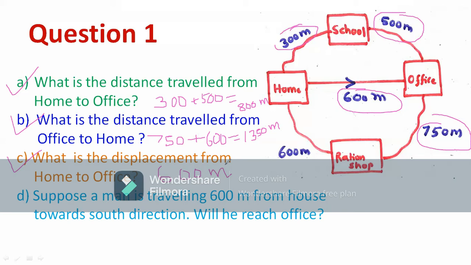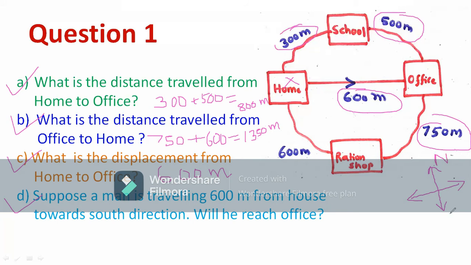The direction matters a lot in the case of choosing displacement. Suppose a man is traveling 600 meters from the house towards the south direction. Let me know, will he reach the office? Okay, the starting position is at home only. So first you mark the direction. This is very important. If you are preparing for a different examination in future, this is required.